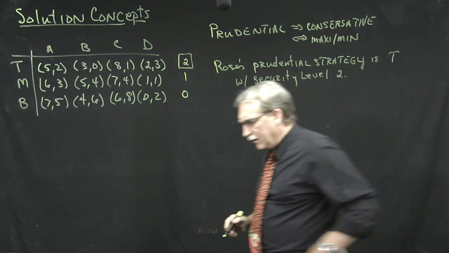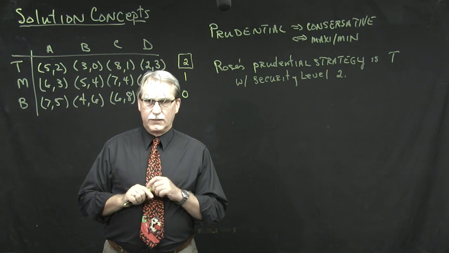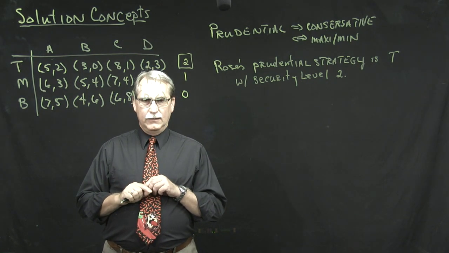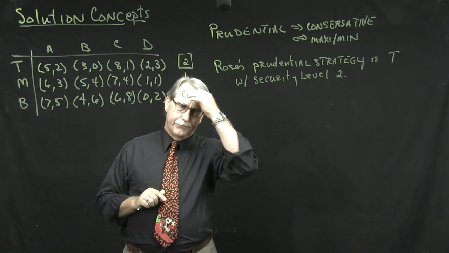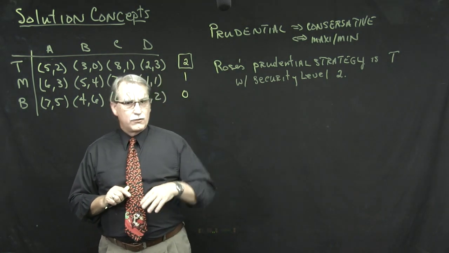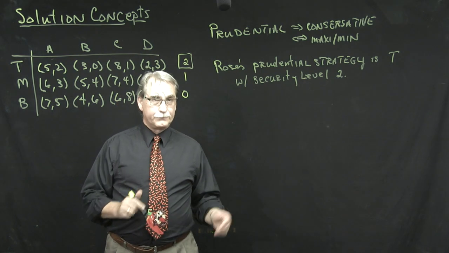And by security level, what we mean is she knows that if she chooses this strategy, T, she will guarantee herself a payoff of at least 2. If she chooses any other strategy, her payoff could be better or it could be worse.